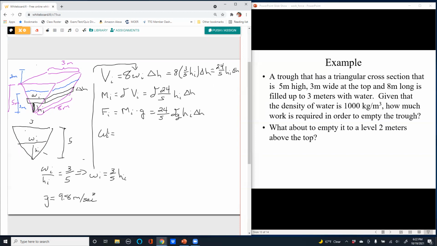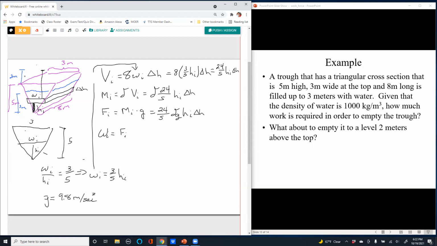All right, here's the next step. Work on the ith slice. Well, we know that's the force on the ith slice times the distance to get it out. We have to be a little careful here. This is H sub I, but it has to be in terms of the distance to move this slice. How far do we have to move it? We have to move it all the way up to here, right?